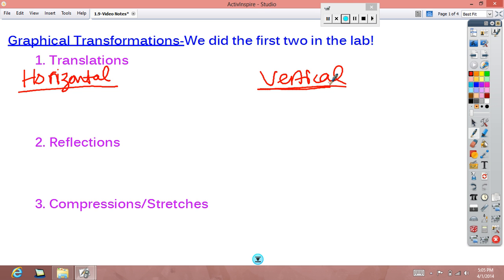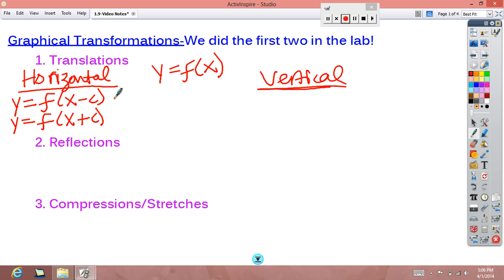Hopefully you saw from your activities today that the horizontal, and we're basing this on y equals f of x, that's our original function, is when the graph moved left or right, and these had f of x minus c, or f of x plus c. The difference here is this minus c and this plus c. So what did this minus c do and what did this plus c do?